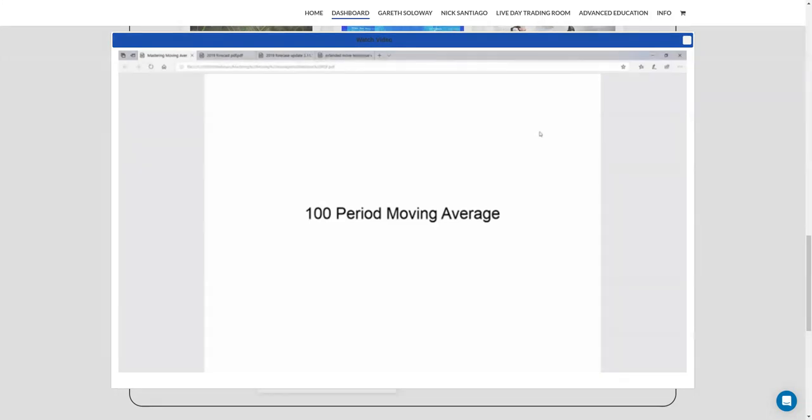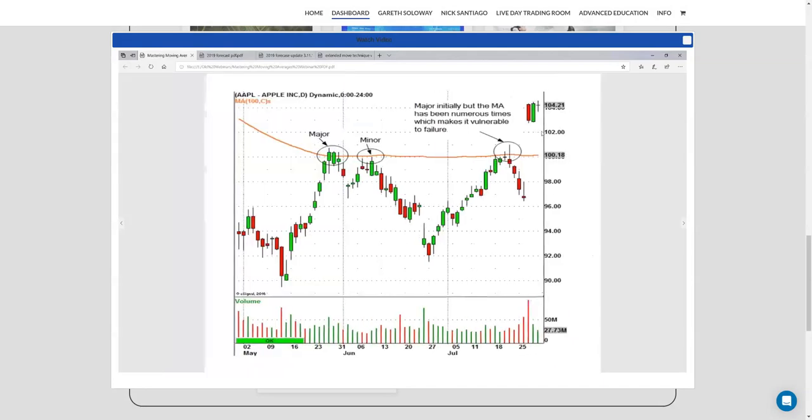I'll just stop using it altogether. But what I did notice was it started working again, probably in like 2016. I started to notice it. By 2017, it was full-fledged. It was working, and it's been working ever since. So I added the 100 period moving average, simple on close, and it's been very, very effective.